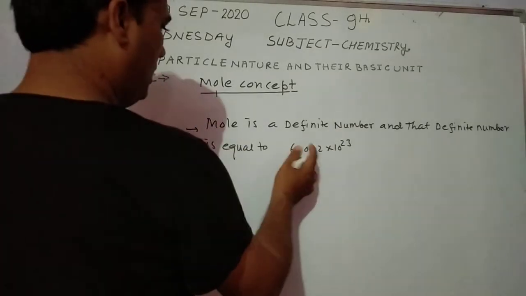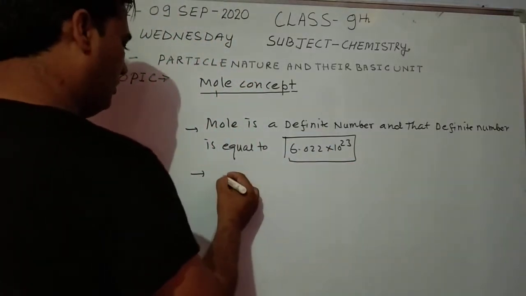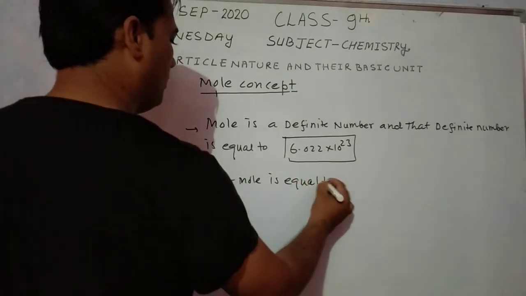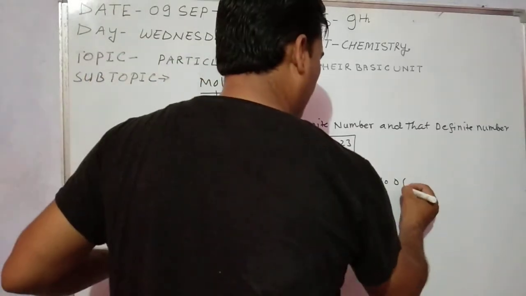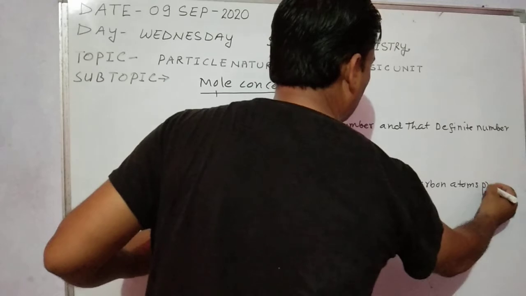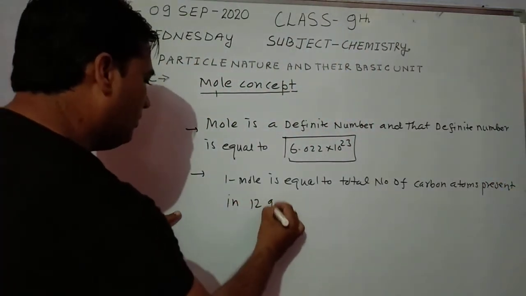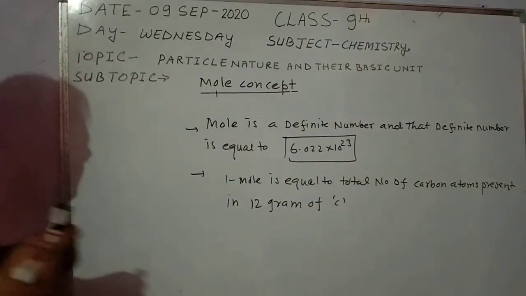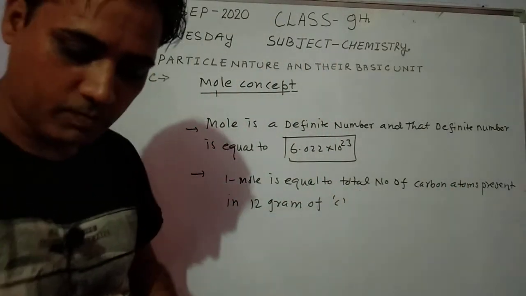Next, how do we get this particular number? So 1 mole, we can easily write, 1 mole is equal to the total number of carbon atoms present in 12 gram of carbon.